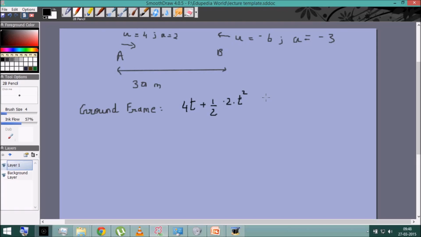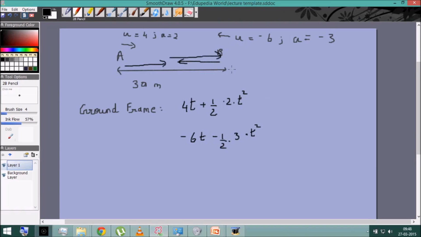So the second one would be minus 6t minus half into 3 into t square. So this is the displacement covered by the first. This is the displacement covered by the second. Now we need to reverse the second displacement, and we need to add it to the first, and that should give us 30 meters.